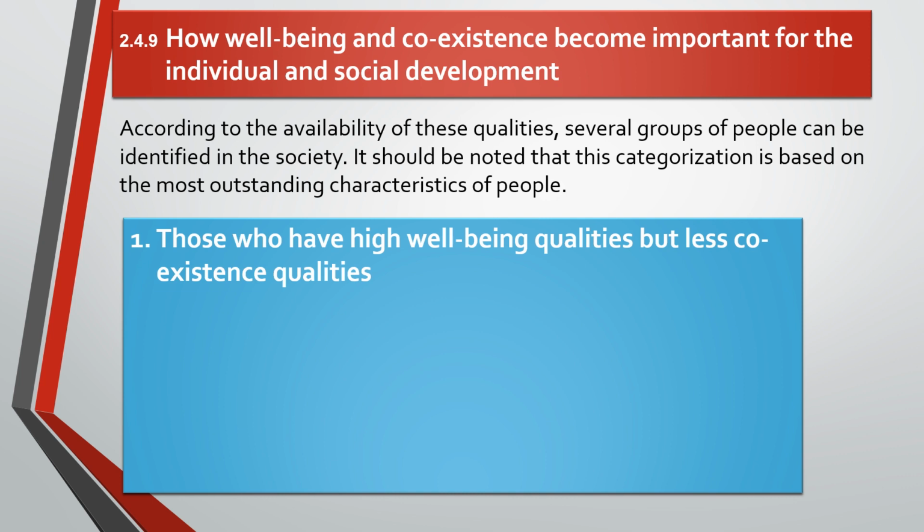The first group is those who have high well-being qualities but less coexistence qualities. So some people you might have, they have high well-being qualities, but they have less coexistence qualities. So in those people, what happens?